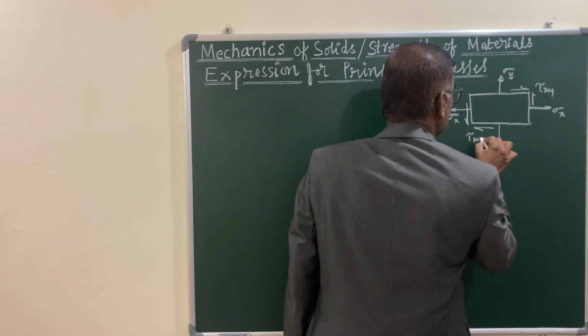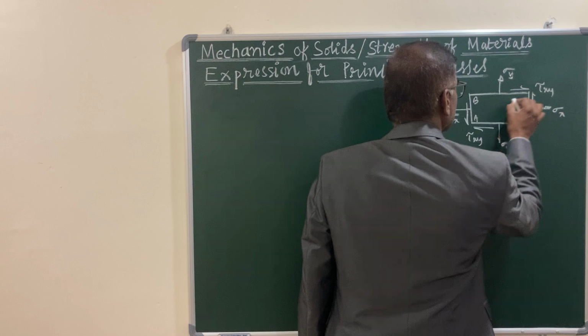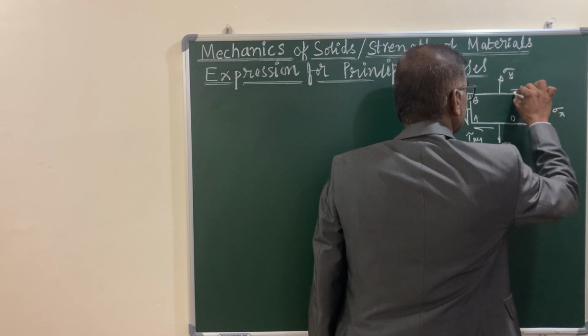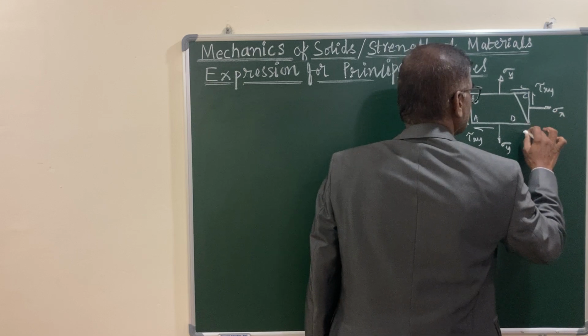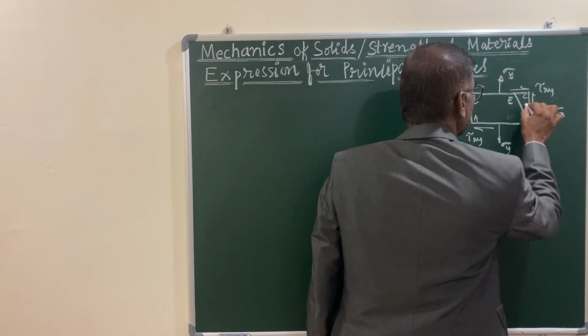Let us assume that this element is ABCD, and we are interested in this, D and E at an angle.